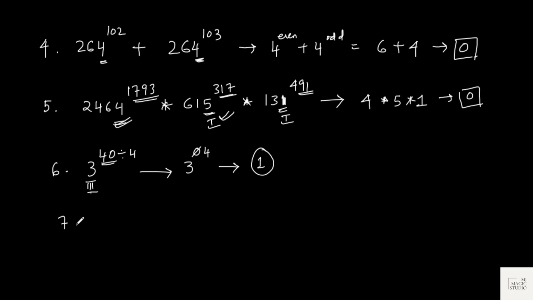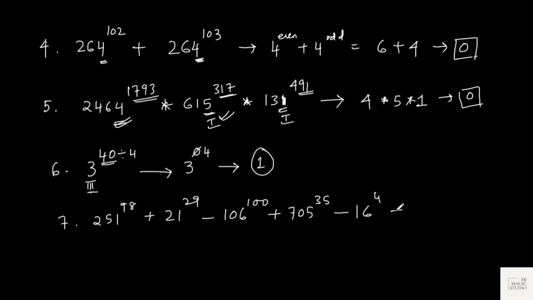Okay, let's do the next one. Give yourself some time and find the answer first. Okay, so I believe that you have the answer by now. 1 to power anything ends with 1.